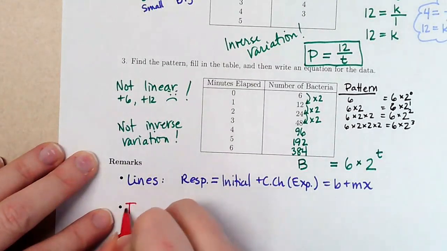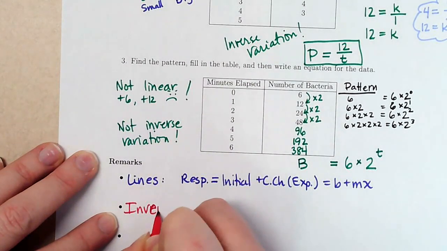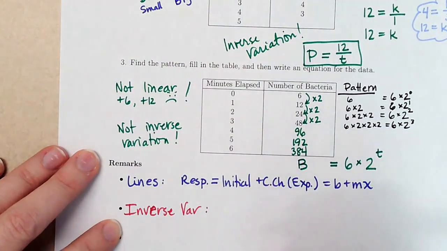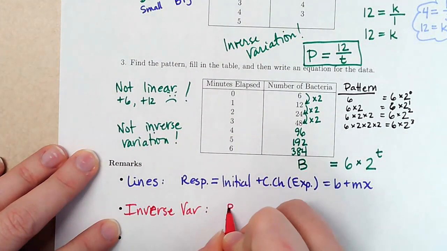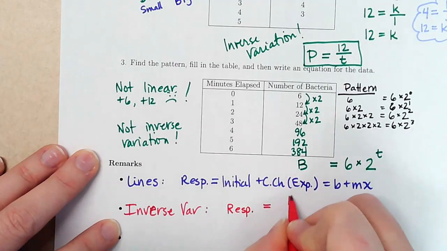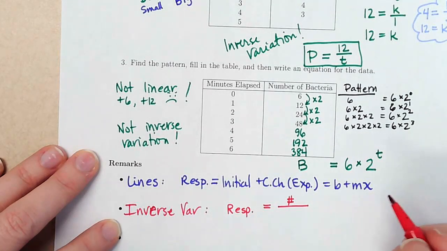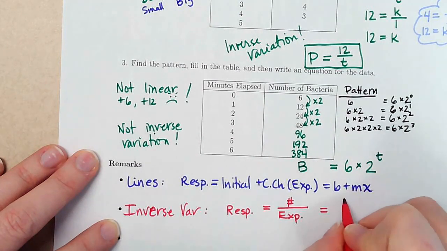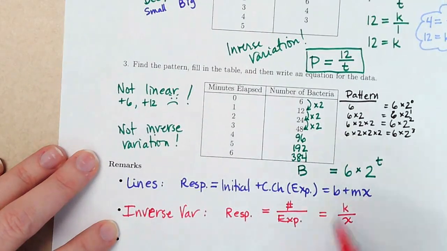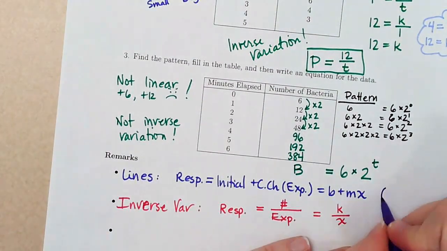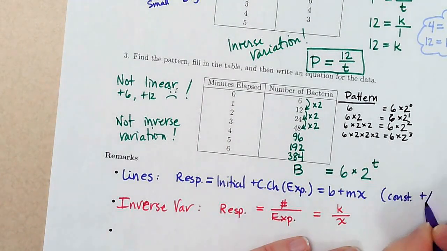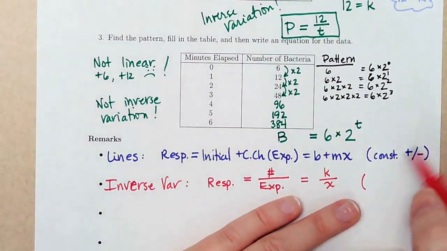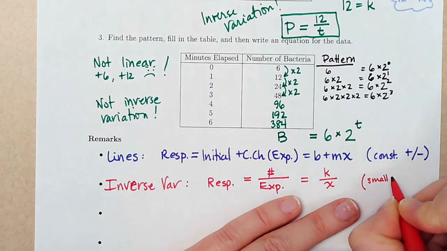The inverse variation looked like the response was equal to some constant number K divided by the explanatory variable, which would equal K over X. And this one, so this was constant add or subtract, but that one, when we're thinking about it, is small, big, big, small.